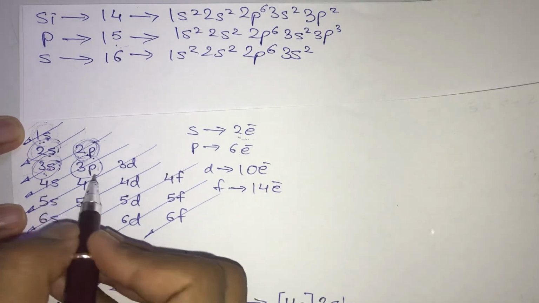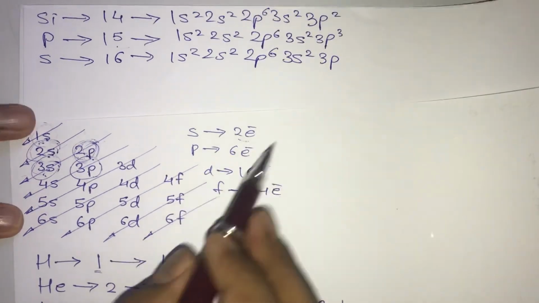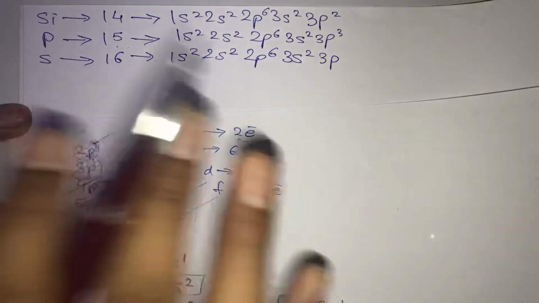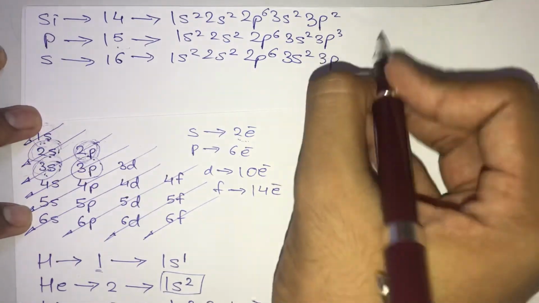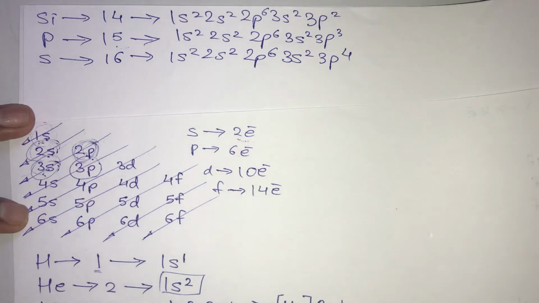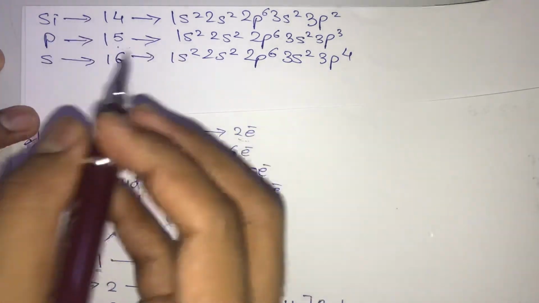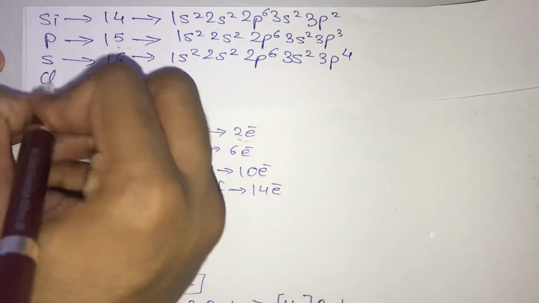After 3s comes your 3p. Now you all know that 3p can take a maximum of 6 electrons, but as we have only 4 electrons left, we are going to write 3p4. Am I clear guys?